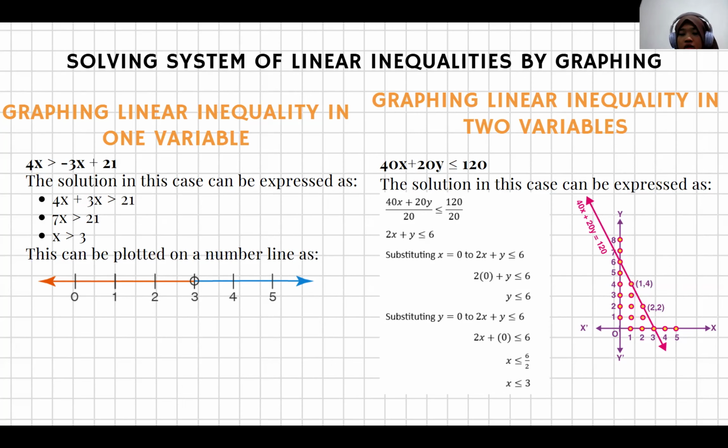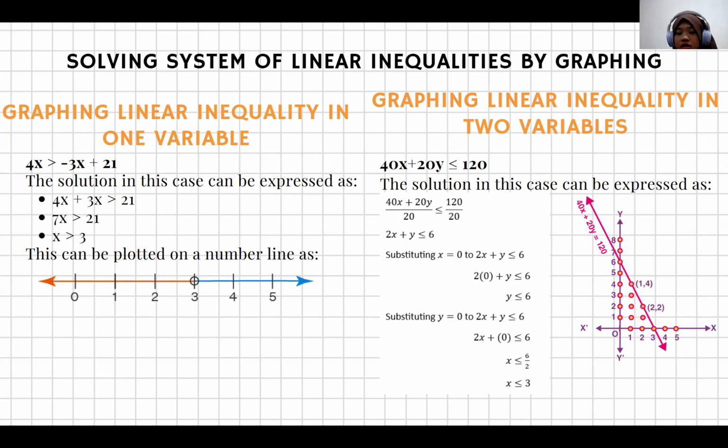So we got the sum of 2x added to y is less than or equal to 6. So we have to substitute x equal to 0 into 2x added to y is less than or equal to 6.